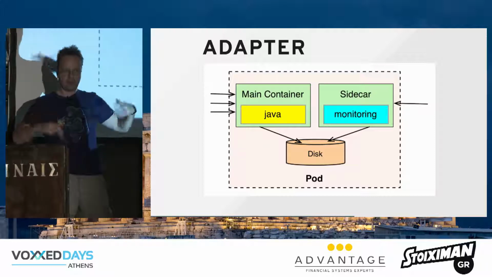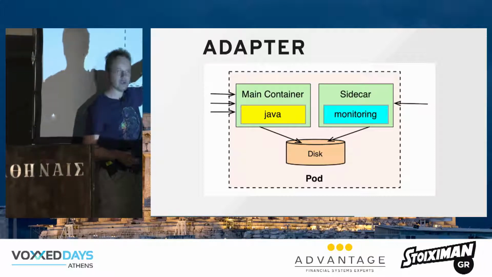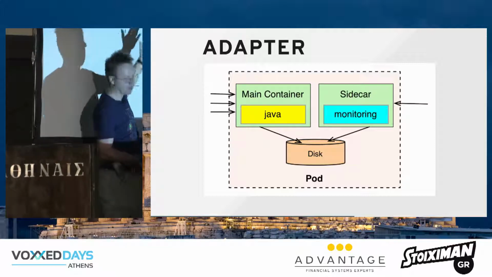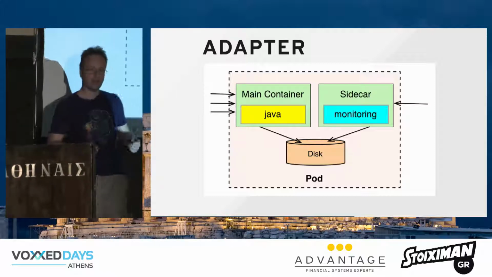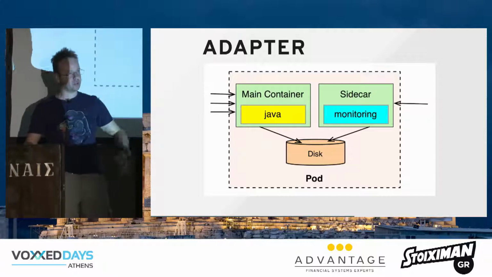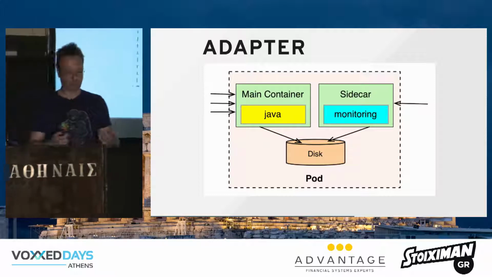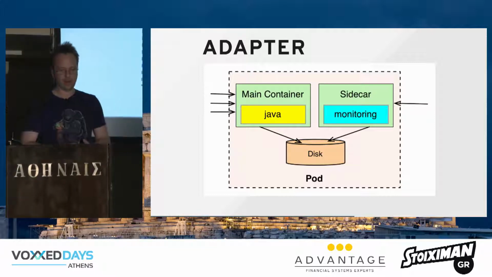Again, the benefit is that you decouple these functionalities, where one is an infrastructural feature and the other is the business feature. And in principle, of course, you can easily exchange the adapter and so introduce a new monitoring system without letting the application itself know. So this is a very pragmatic thing.